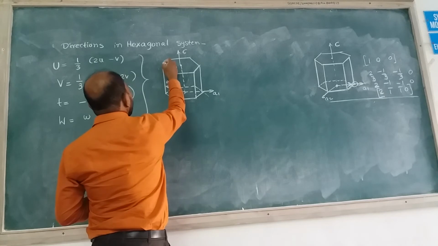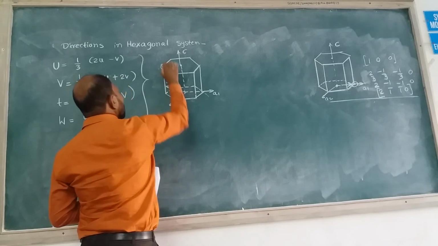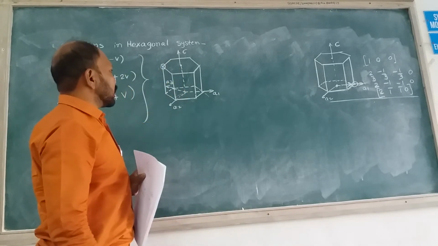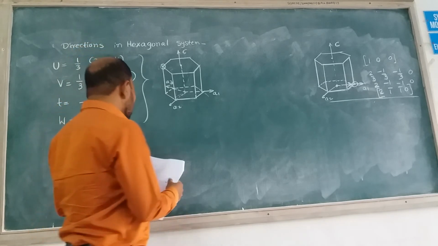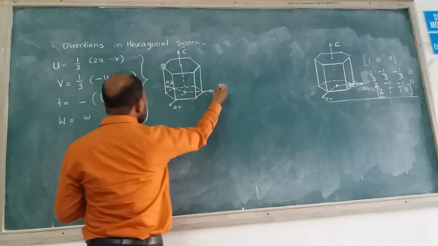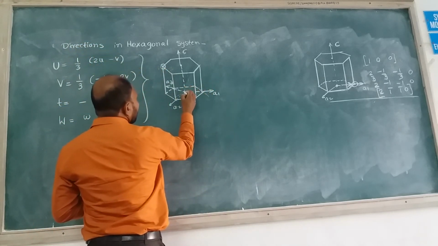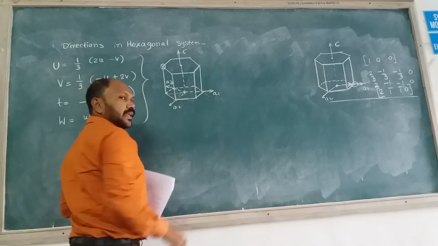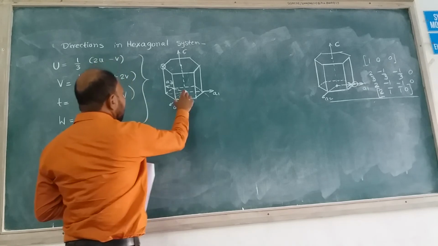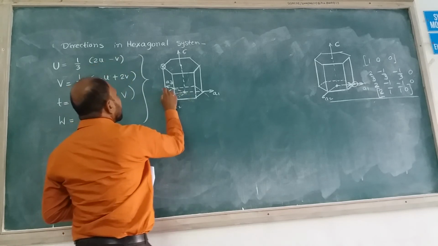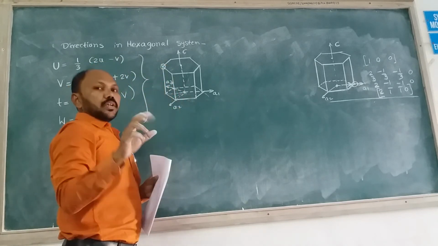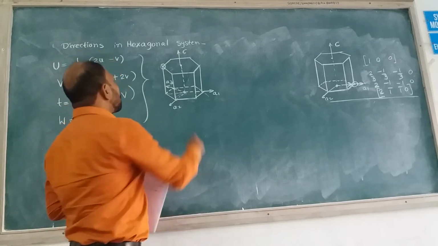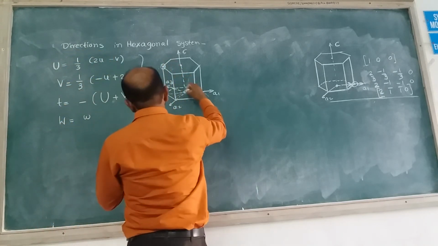For the direction for this location, how do we go there? If we extend this a1 line in the backward or negative direction, then the point comes here, then in the positive c direction. In this way, we reach this location and we get this direction.